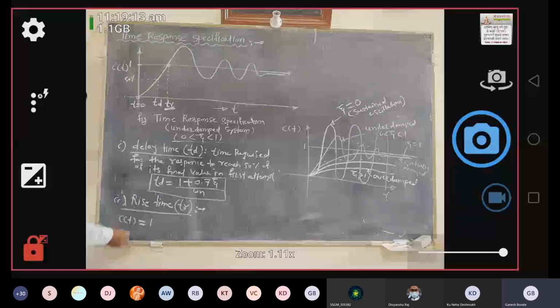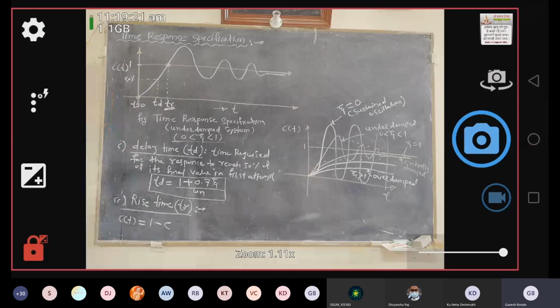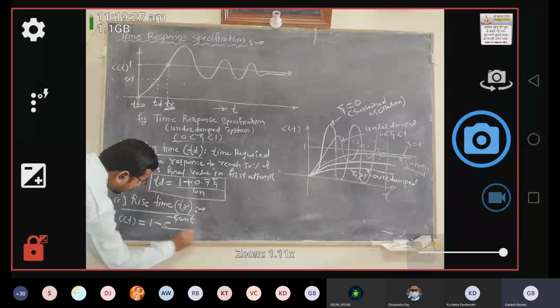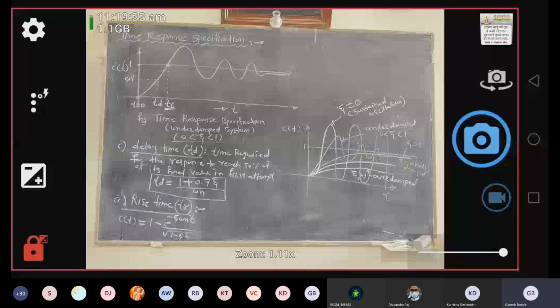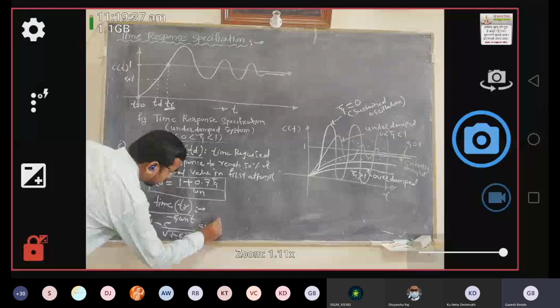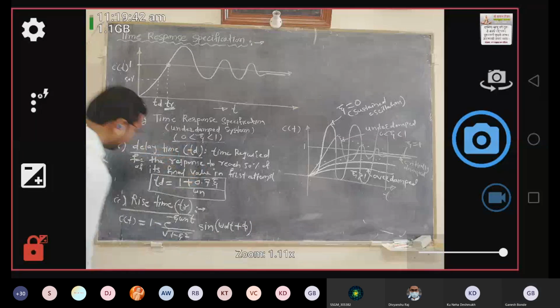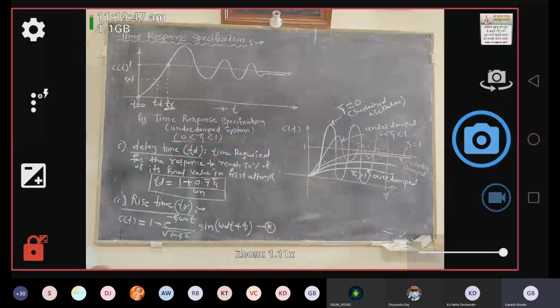The expression for C of t is given by 1 minus e raised to the power minus zeta omega n t upon square root of 1 minus zeta square, into sine of omega d t plus phi. Give equation number star for this.